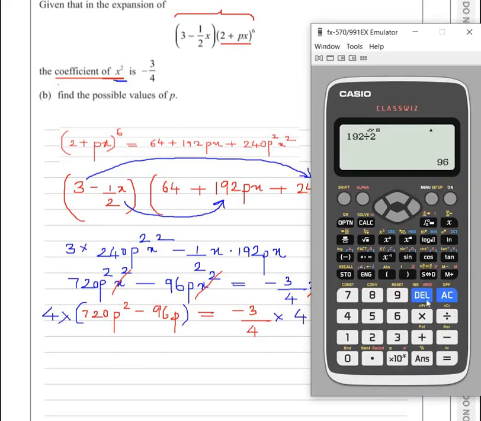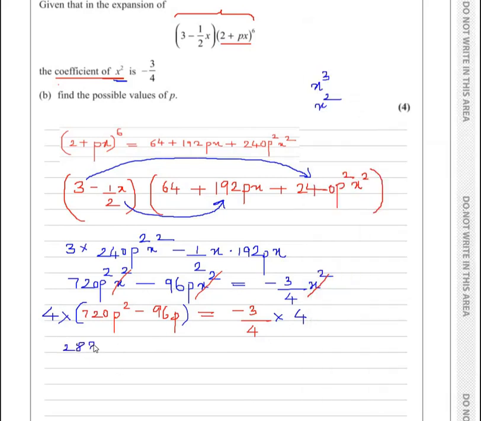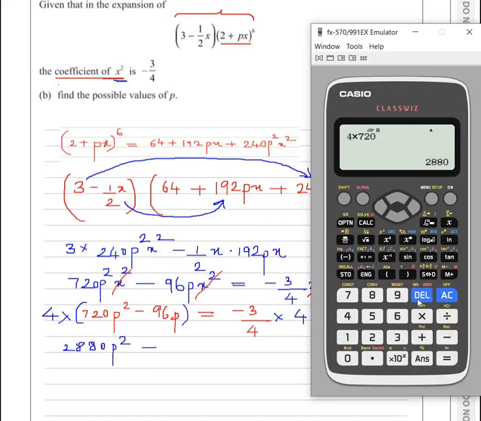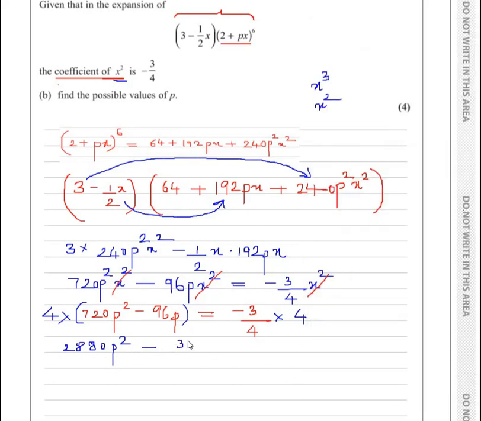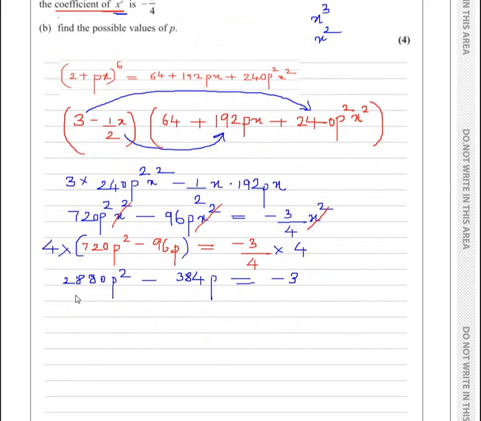So 4 times 720 gives us 2880 p squared minus 96 into 4 gives us 384 p is equal to minus 3. As we can see, the numbers are quite high. So what we can do is we can divide all these sides by 3. Let's check if they are divisible by 3.